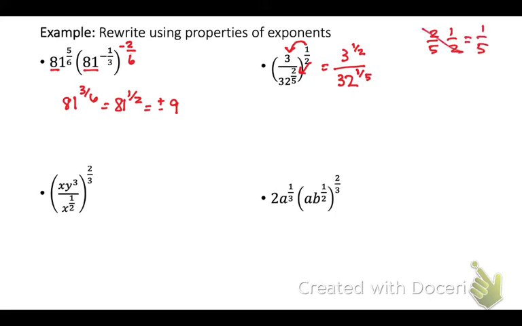So I need the 5th root of 32, which we should know. 2. We've done it enough, right? Because this is 2 to the 5th to the 1/5, so it's 2. And 3 to the 1/2 would be the what? Square root of 3.